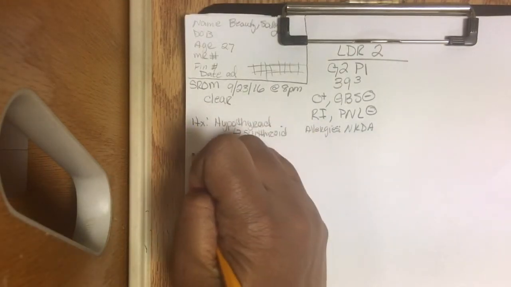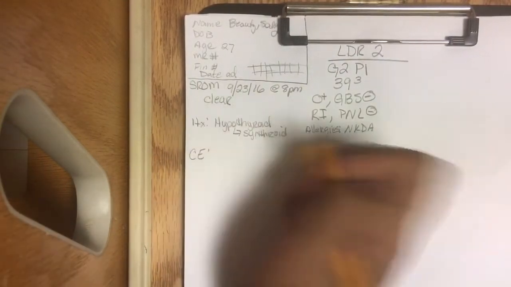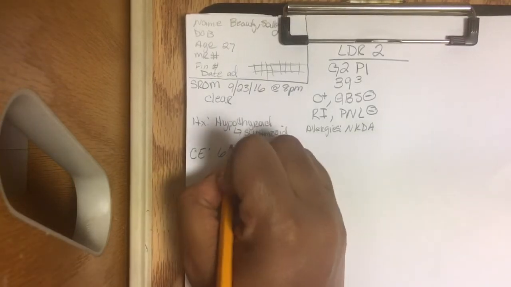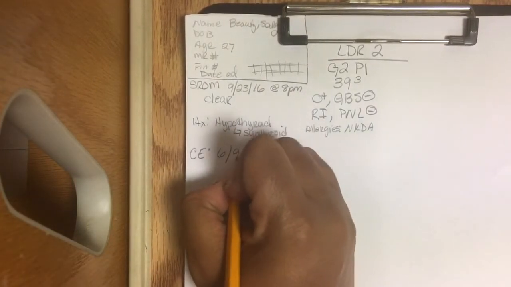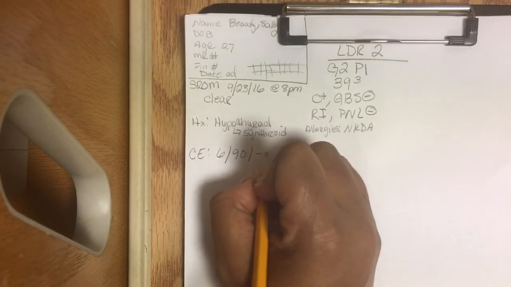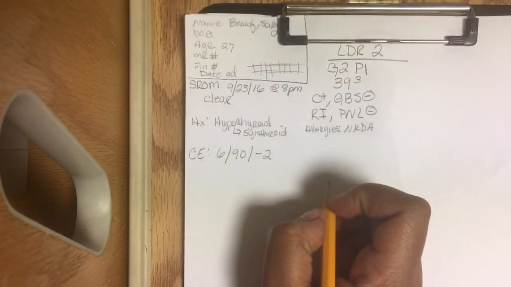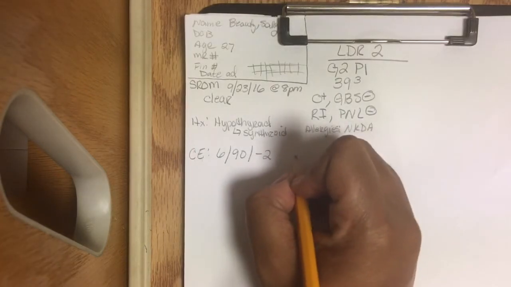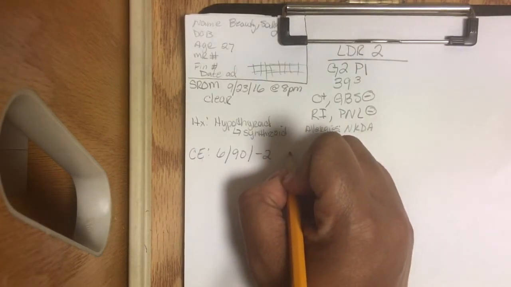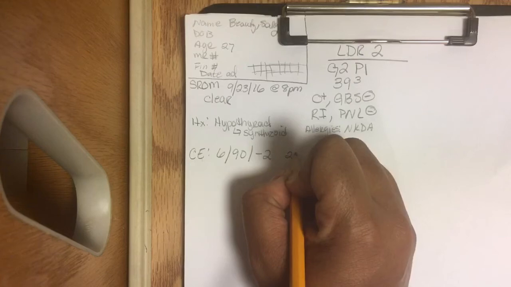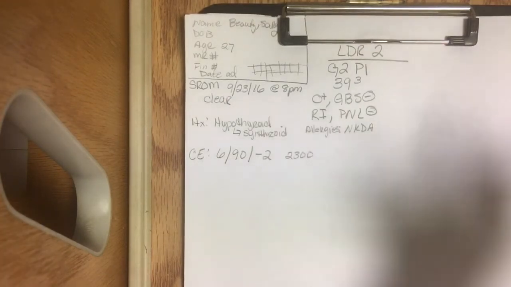So we denote a cervical exam. I normally put CE. Let's say she's 6 centimeters, 90% effaced, and she's -2 station. We need to know what time she was last checked. Let's say she was checked at 11 p.m., so 2300.